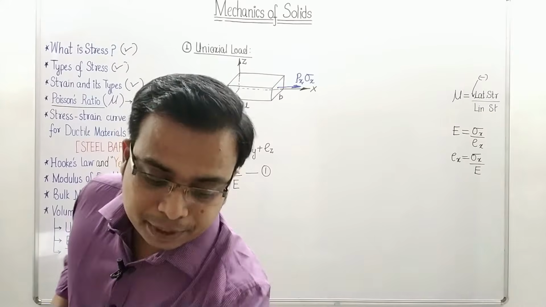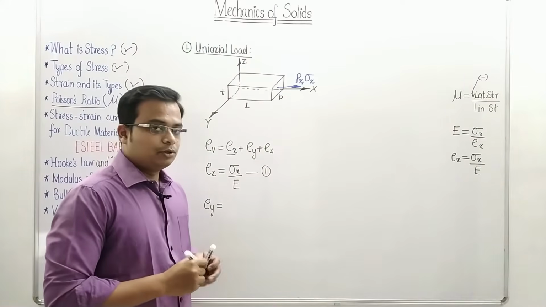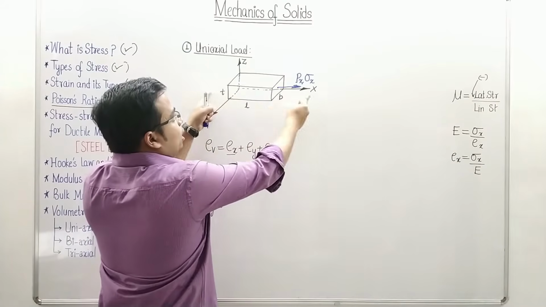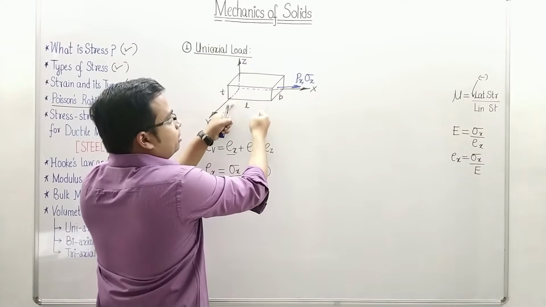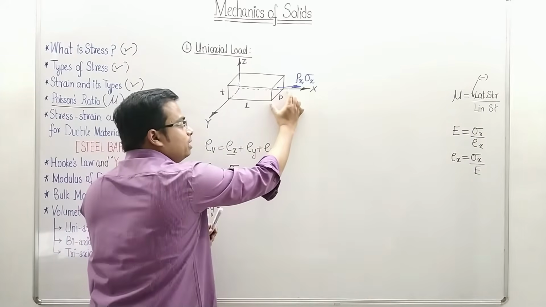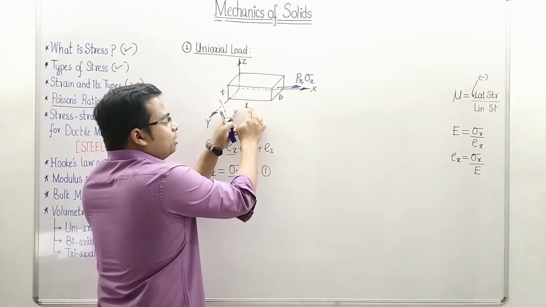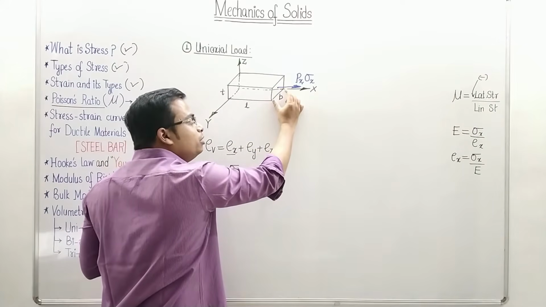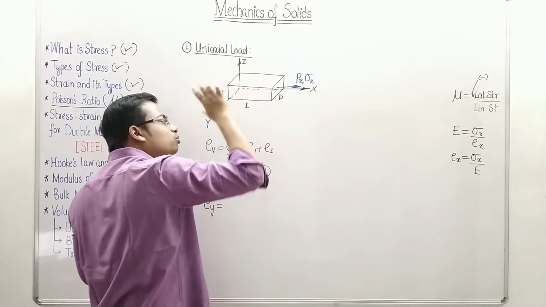Now here comes in the picture of Poisson's ratio. Just watch this carefully. If you apply a load along the x direction, this L is definitely going to increase. But what about this B? If L increases, then simultaneously this dimension B is going to reduce and this thickness T is also going to reduce.